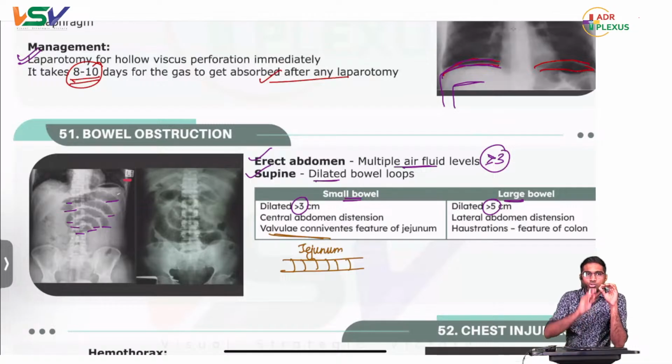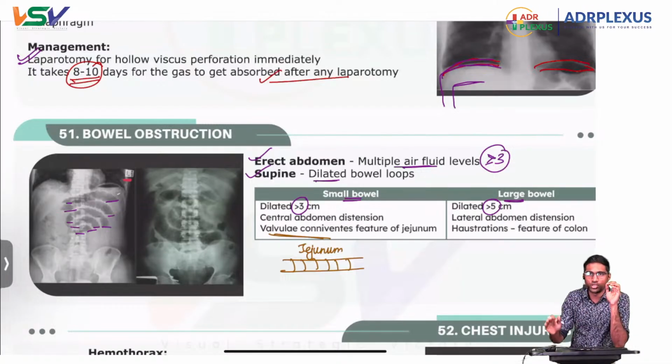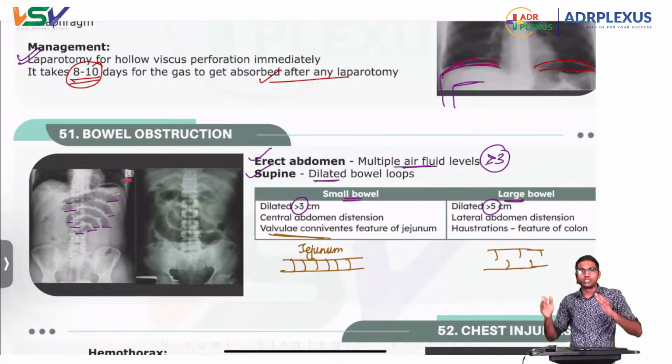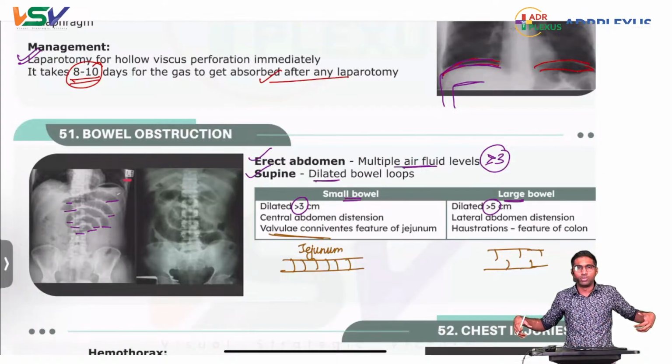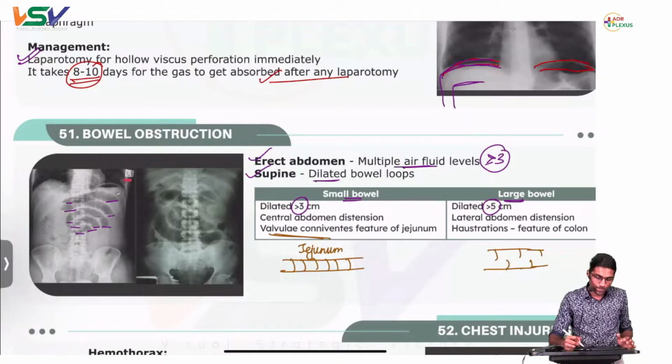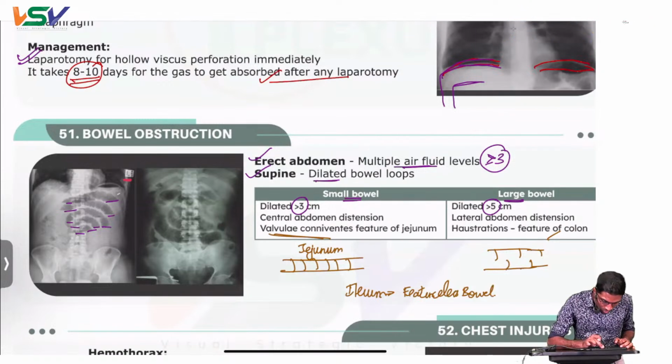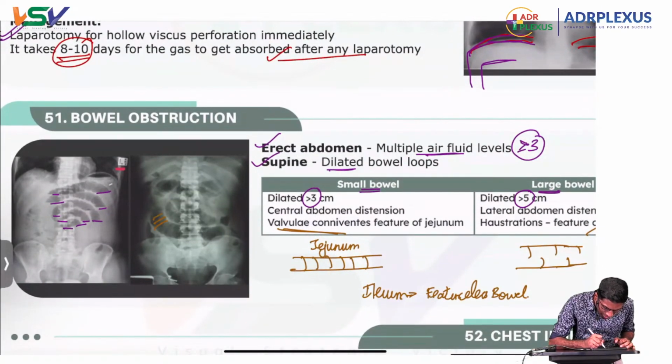Valvulae conniventes will be present along the full thickness or full circumference of the bowel. But in large bowel, it is known as haustrations, which will be present only in a partial circumference of the bowel. Small bowel is central in the abdomen, large bowel is along the lateral wall of the abdomen. And ileum, you mention it as featureless bowel. Here you can see the valvulae conniventes, so it is a jejunal obstruction.